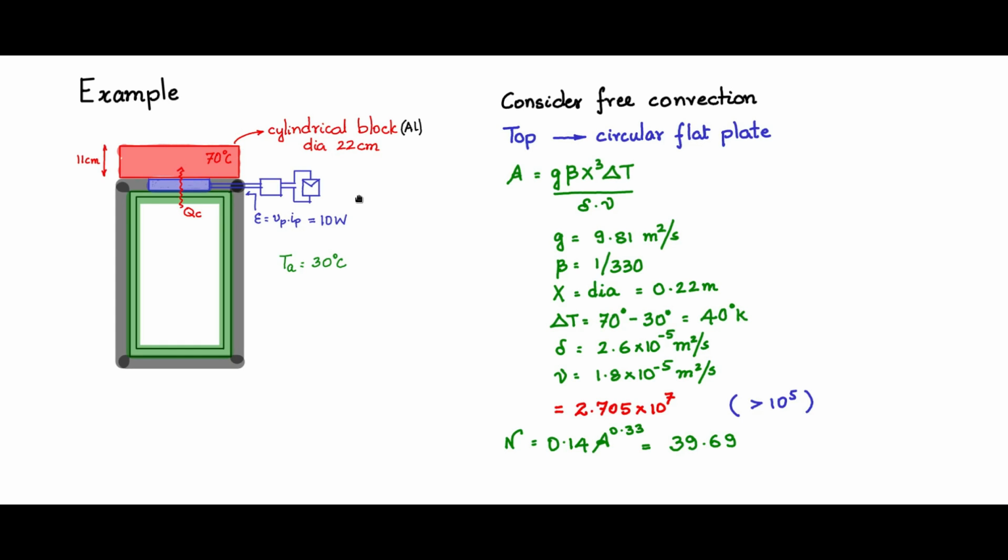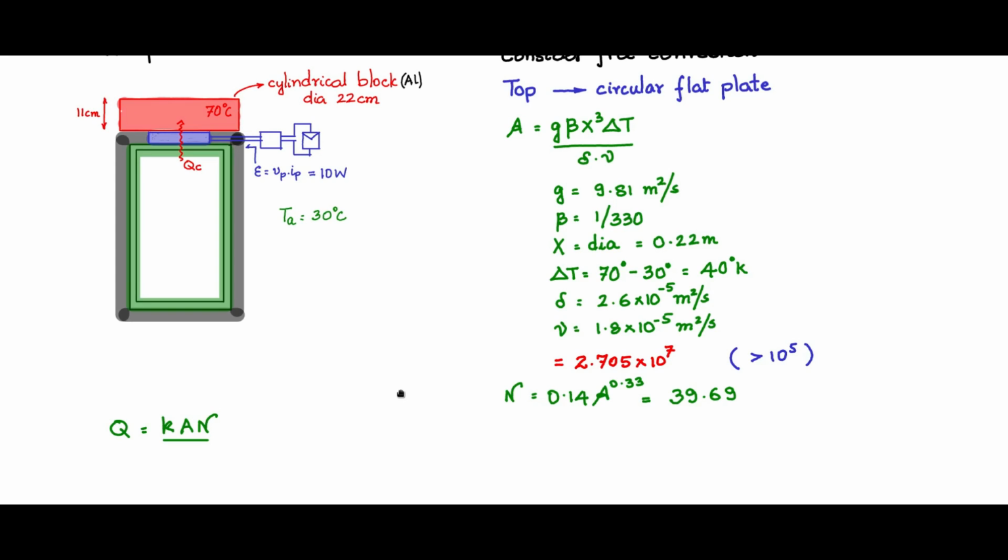So next, let us try to find the heat flow in watts that is flowing out of the top plate. So we have the heat flow equation, which is conductivity k, A, the area of cross section orthogonal to the heat flow, Nusselt's number by X, let me move this up, by X into delta T. So this is the heat flow equation.